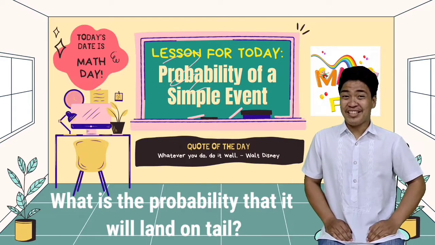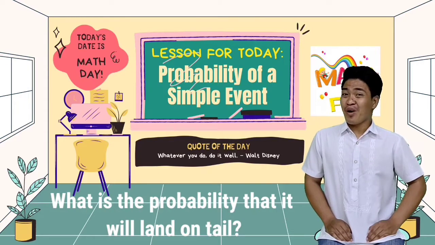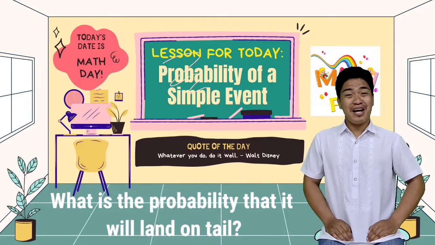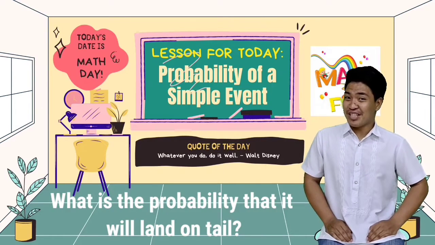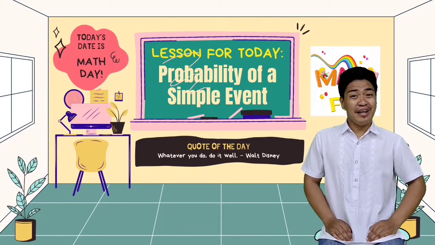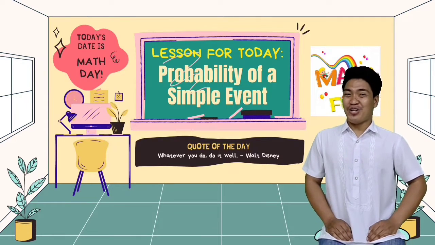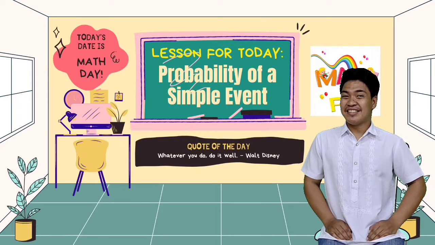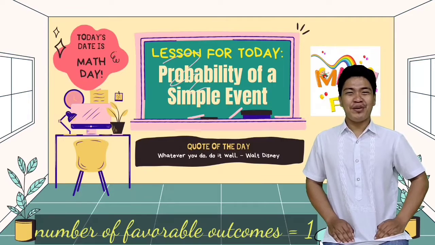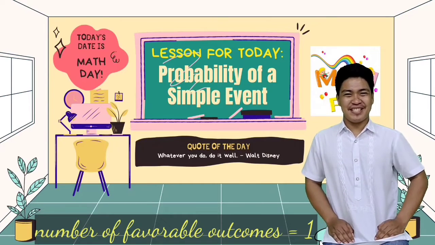What is the probability that it will land on tail? From that question, we can already determine the number of favorable outcomes. If we toss a coin once, how many heads will appear? You are right! Only one. That one is the number of favorable outcomes.